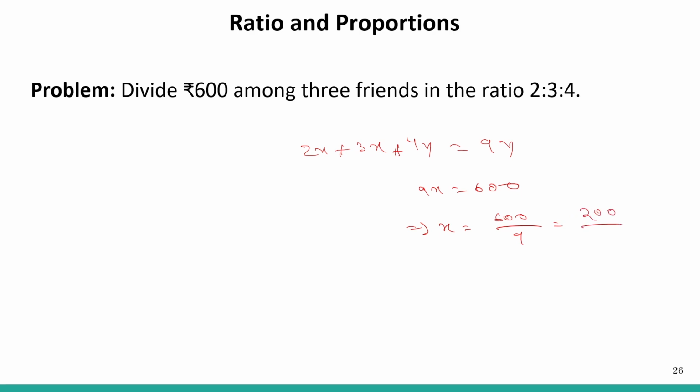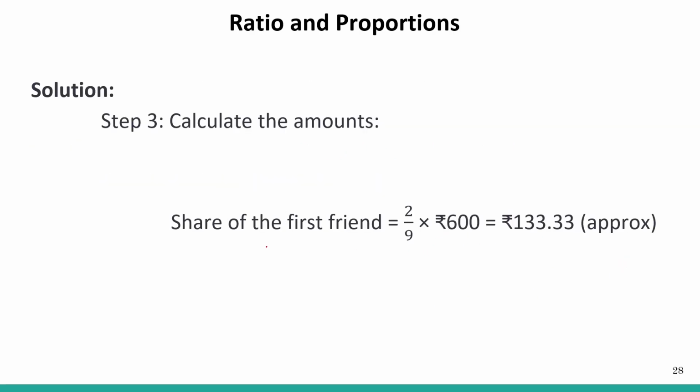Sorry, 200 by 3. That is equal to 66.667. So per x is this. So for 2x, 3x and 4x, let's see what will happen. The share for the first friend will be 133.33.